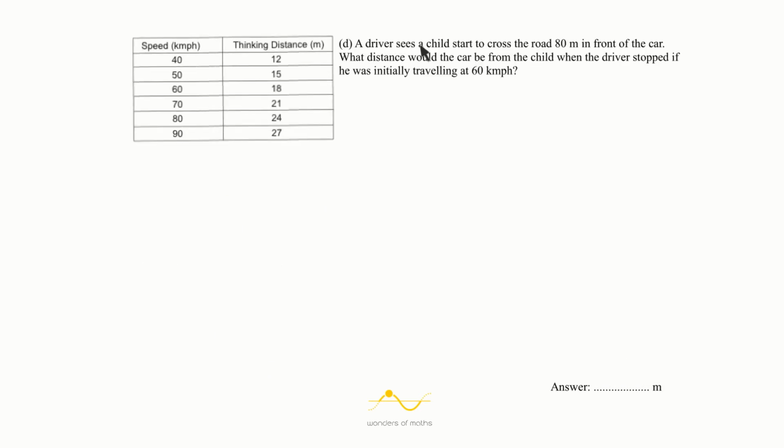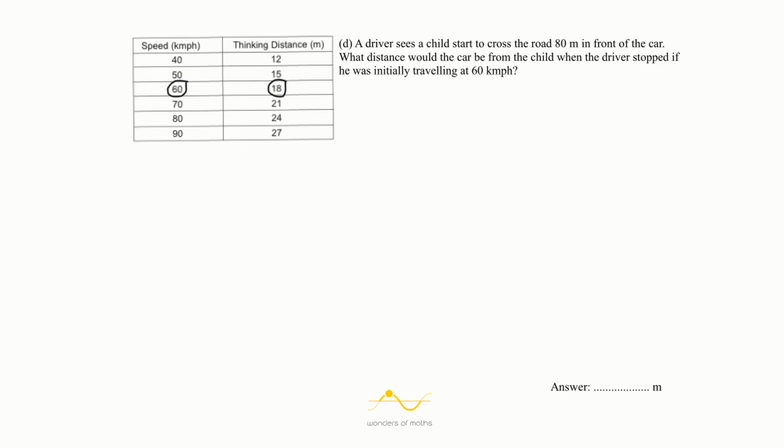A driver sees a child start to cross the road 80 meters in front of the car. What distance would the car be from the child when the driver stopped if he was initially travelling at 60 kilometers per hour? First, let's refer to our table. If the speed is 60 kilometers an hour, the thinking distance is 18 meters.